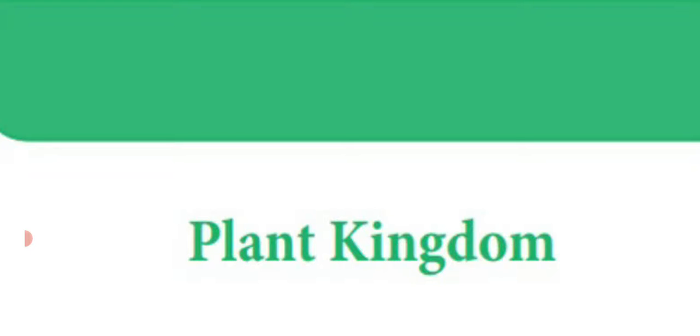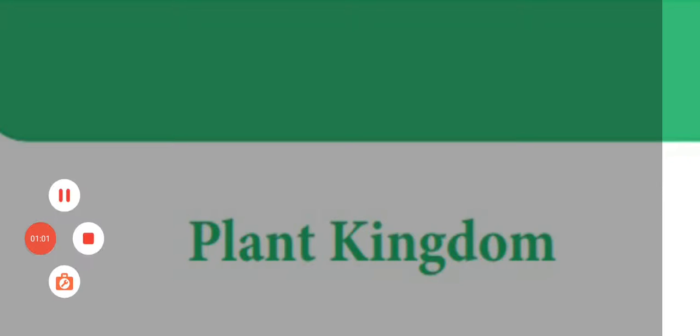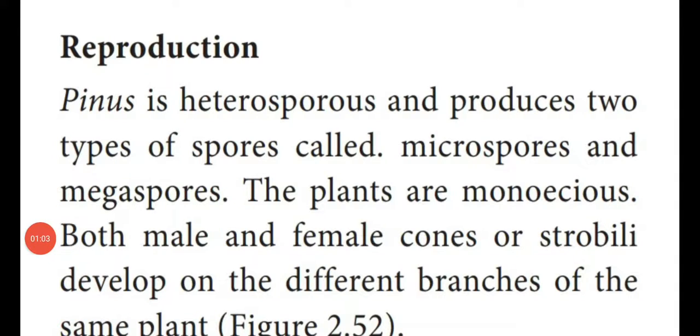Now in this video we are going to see the reproduction in the pinus plant. Dear students, pinus also shows the heterosporous condition, that means it produces two different types of spores, that is microspore and megaspore.